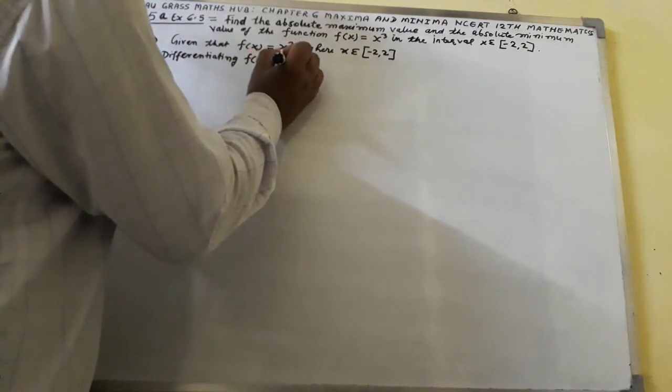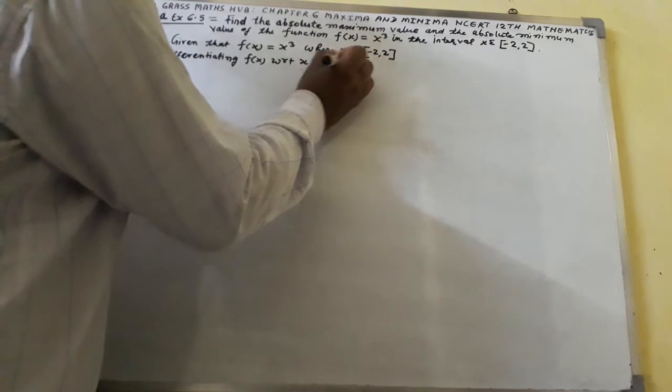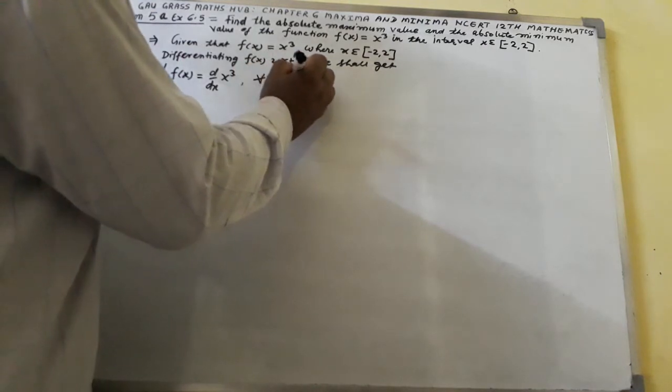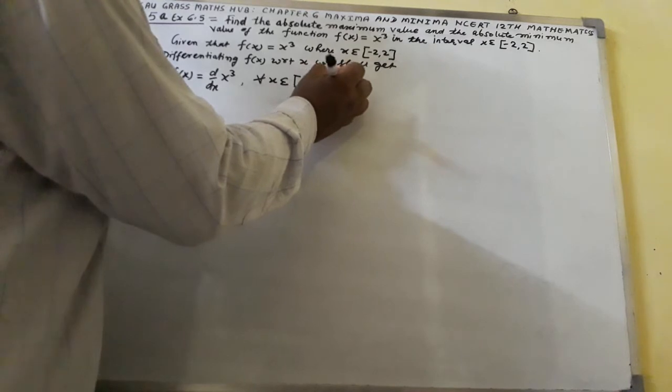Now again I shall write, implies that, differentiating f of x with respect to x, we shall get d over dx of f of x equal to d over dx of x cube, for all x belongs to closed interval minus 2 comma 2 closed interval.